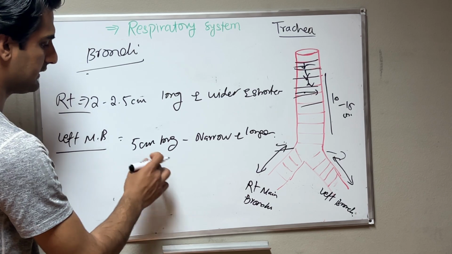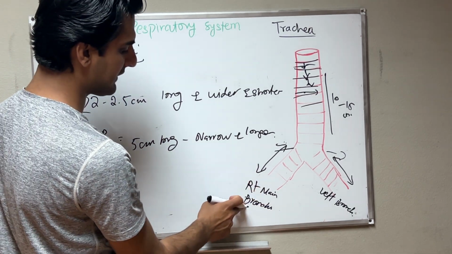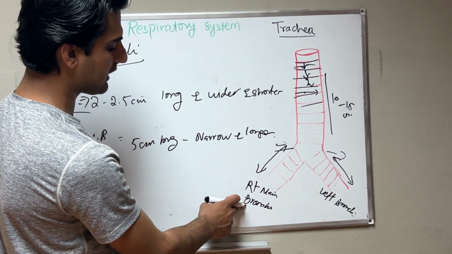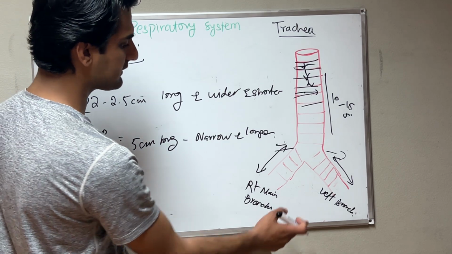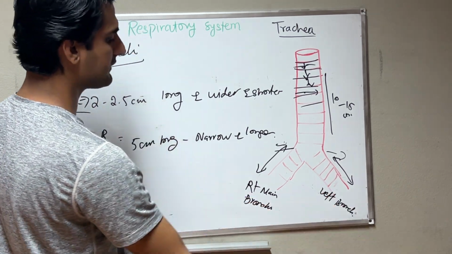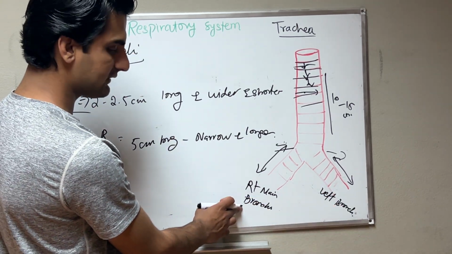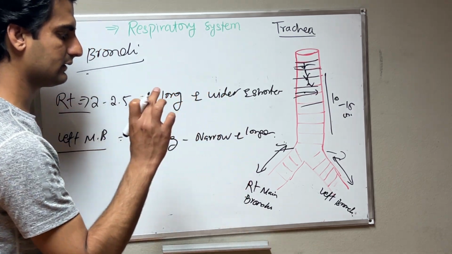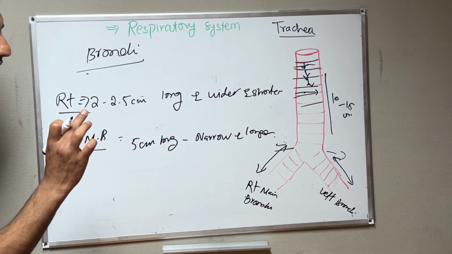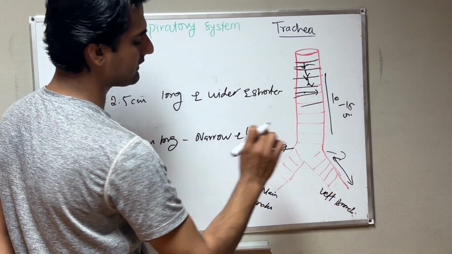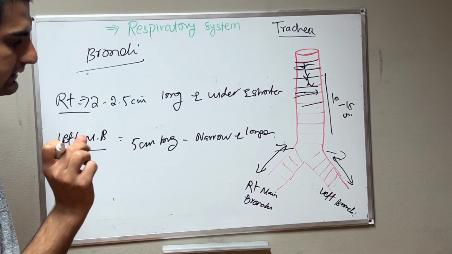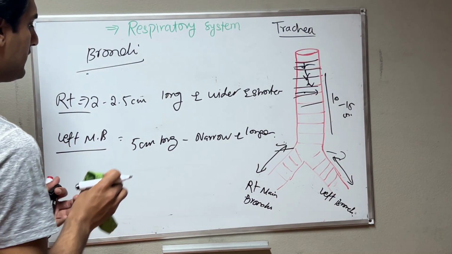Here the right one is the right main or primary bronchus, and the left is the left primary or left main bronchus. The right one is wider but short in length. The left is long but narrow.